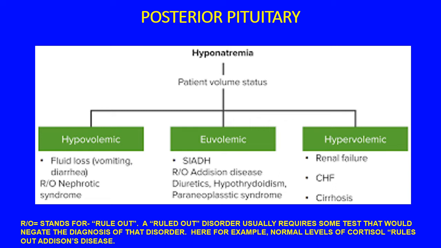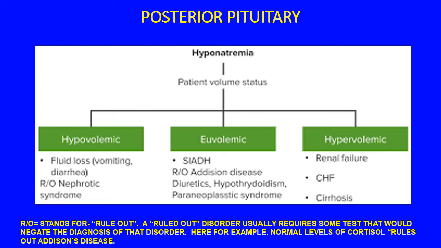Chronic heart failure or cirrhosis. Cirrhosis, what happens there is that you are not having the proper number of proteins, including some of the common proteins, albumin, etc. And so what's being taken up is a much greater amount of fluid. And again, that disturbs the concentration of sodium.